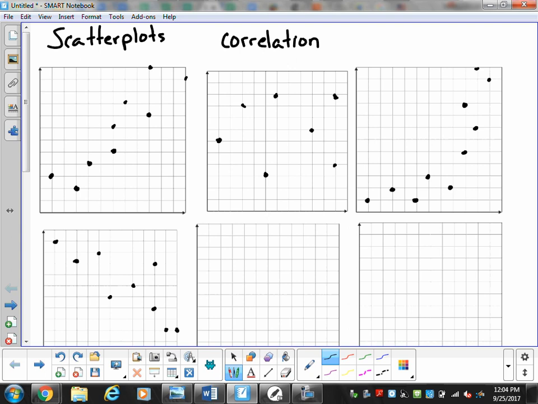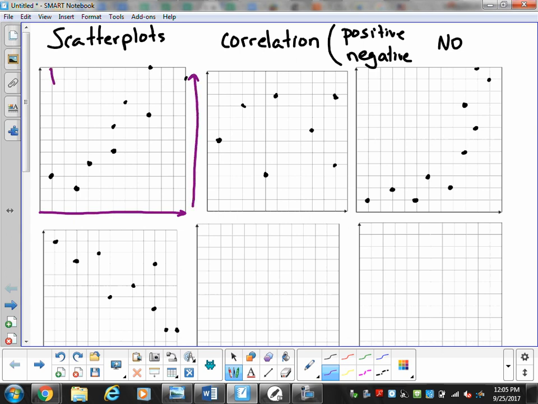And so if we look at the types of correlation, we have 3 types. One is positive, one is negative, and the other is there is no correlation. So there's 3 options. On the graphs that you have on the board right now, this first one, since as the data goes to the right, the data is also going up, that's positive correlation.